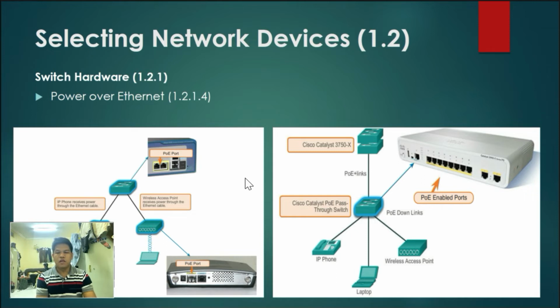This feature can be used by IP phones and some wireless access points, as shown in the first figure. The relatively new Cisco Catalyst 2960C and 3560C series compact switches support Power over Ethernet pass-through, as shown in the second figure.